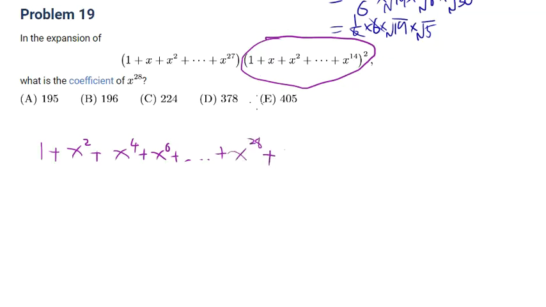Now we will also have the other terms. These are the only ones in here, and we will also have pretty much all the other combinations. In fact, this is about combinatorics, people.